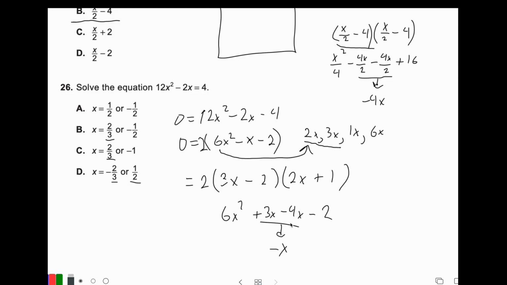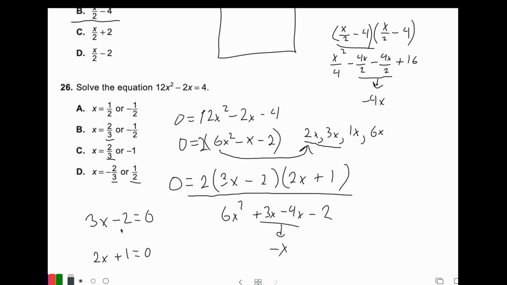So now we know the correct factorization, which is this. But remember, this equals 0. To find the answer, we just need to set each one of these terms equal to 0, because if one of them equals 0, the whole thing equals 0. So 3x minus 2 equals 0, and 2x plus 1 equals 0.